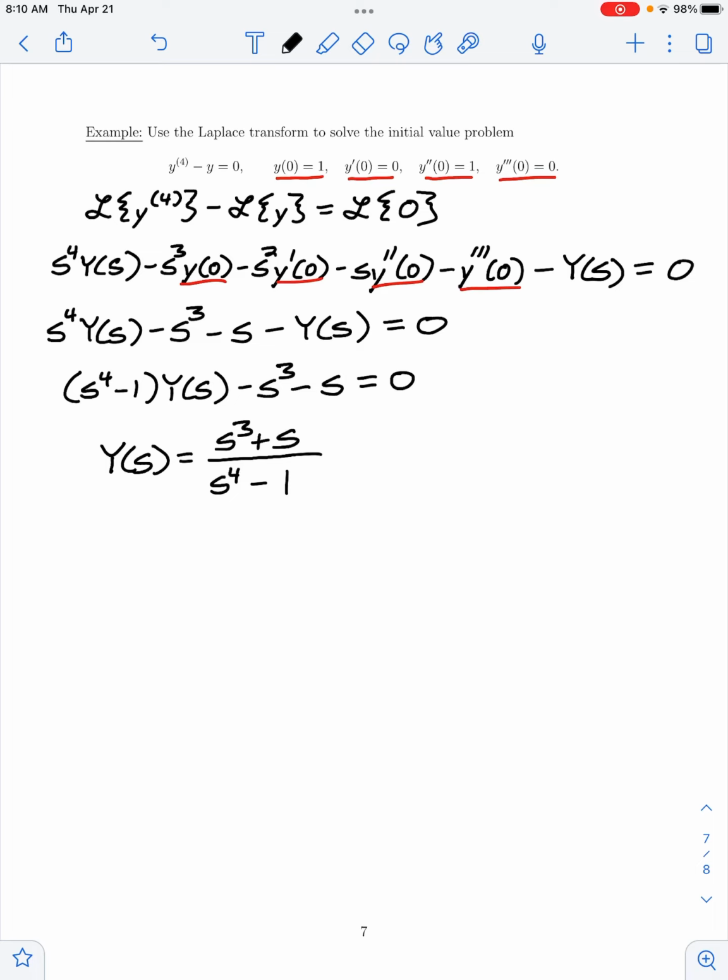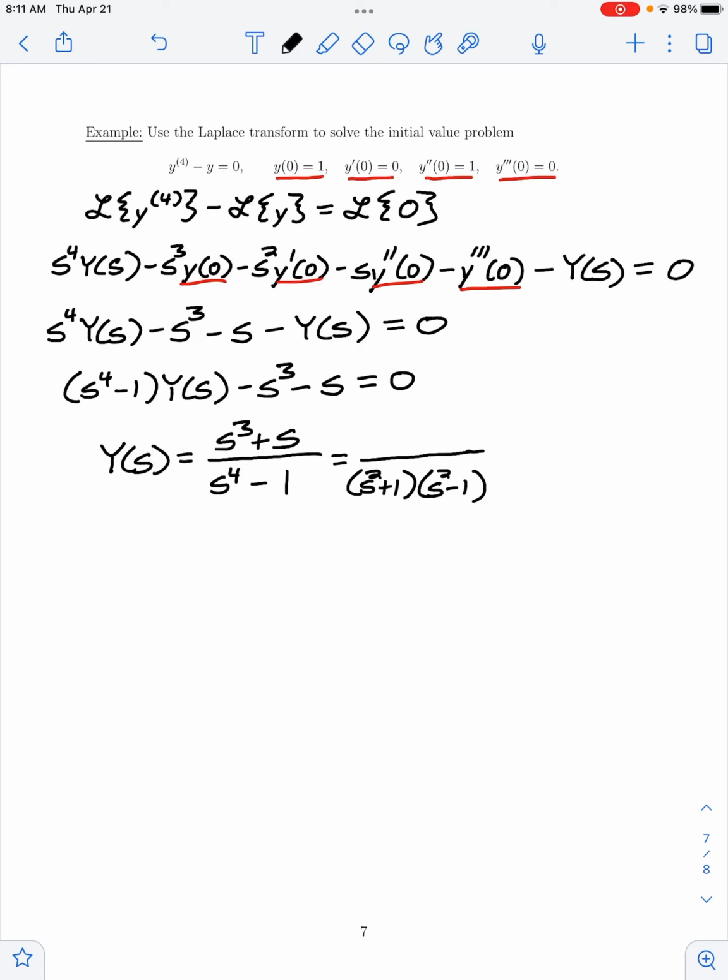Now from here, I want to find my inverse transform. And so looking at this expression, I see that my denominator, s^4 - 1, could be factored as (s^2 + 1)(s^2 - 1).